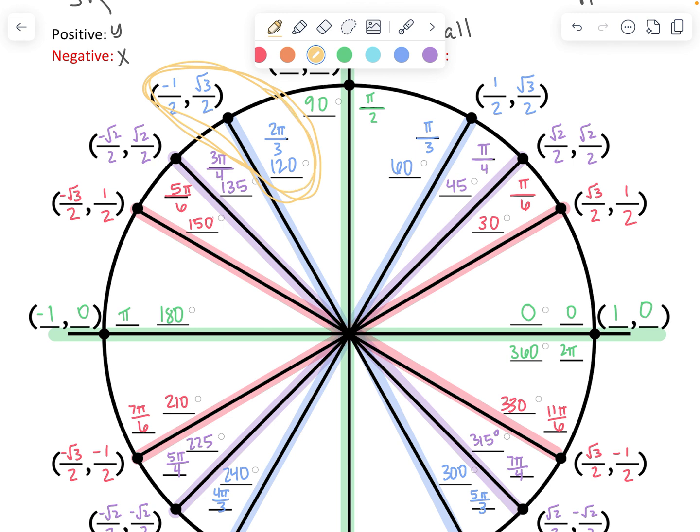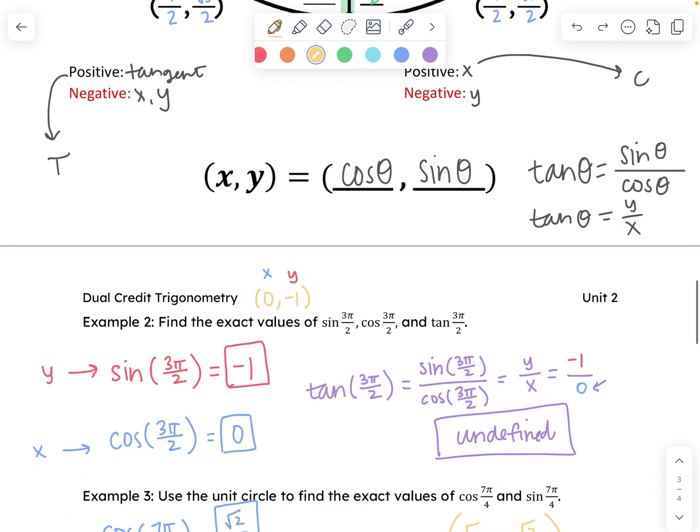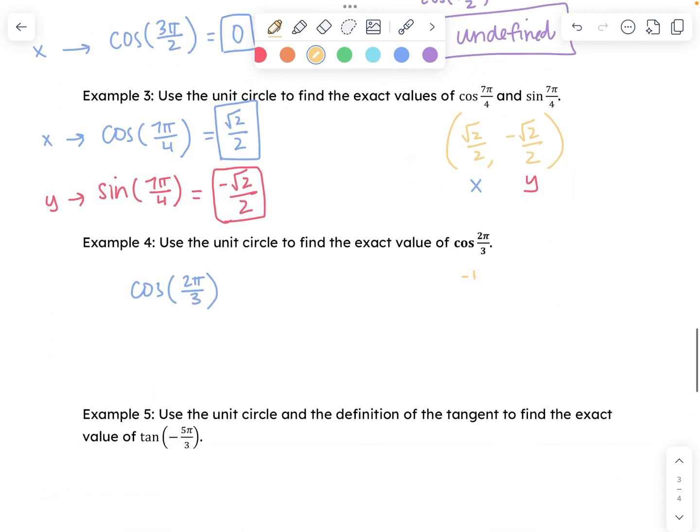Okay, it's the blue part of quadrant 2. So my point is -1/2 and square root of 3 over 2. So I'm going to bring that down here. Remember, your cosine is your x value. So my x value is that -1/2. So the cosine of 2 pi over 3 is -1/2.